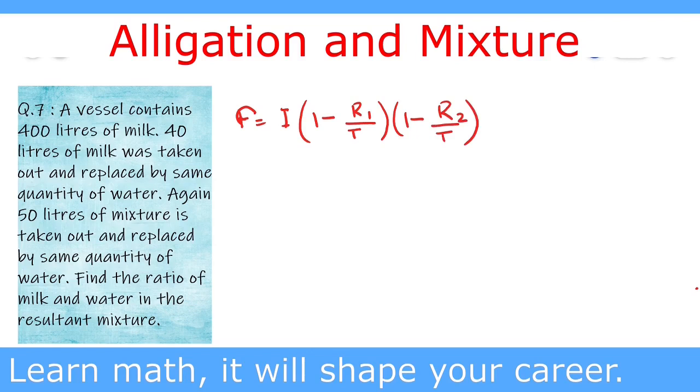And now we fill in the values. Our initial quantity is 400. 1 minus first we withdrew 40 liters upon total quantity 400. Again we have withdrawn 50 liters, so we write 50 upon again 400.